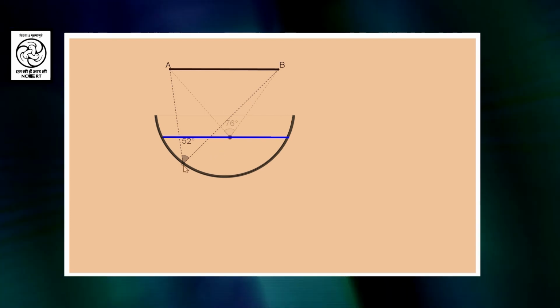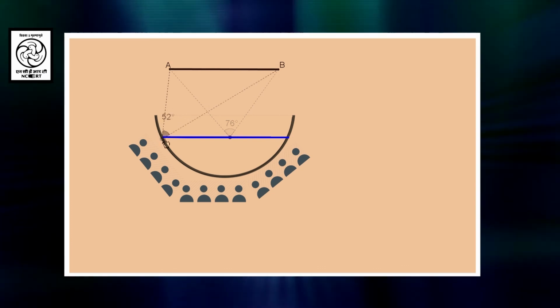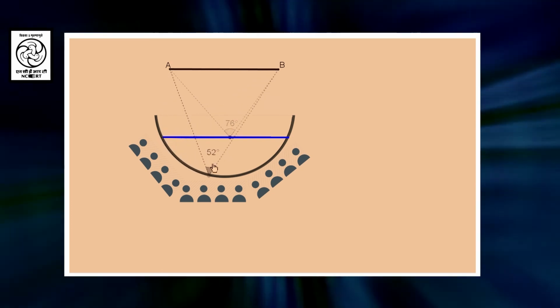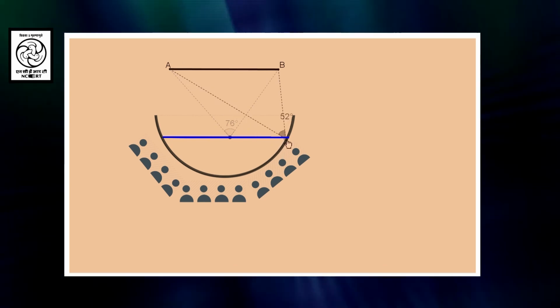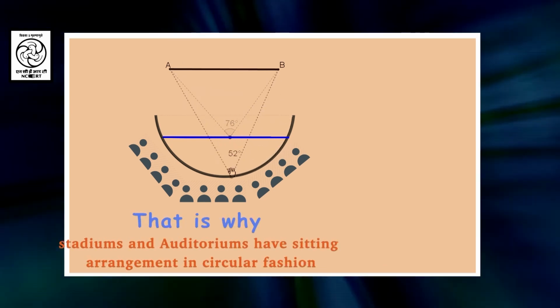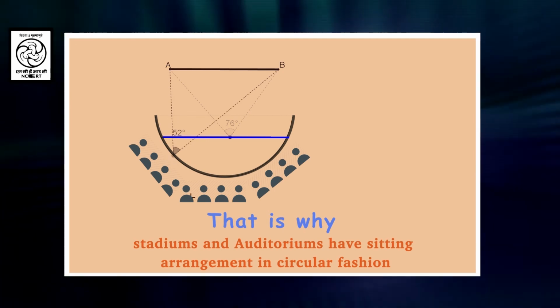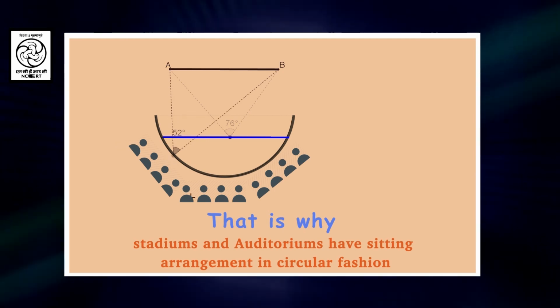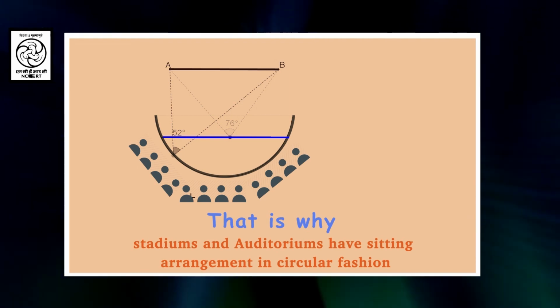But if the sitting arrangement is made semicircular, you can see that everybody sitting here will have the same view of the stage, and that is precisely the reason why in stadiums and big auditoriums, the sitting arrangements are always in a circular fashion. That is all for today.